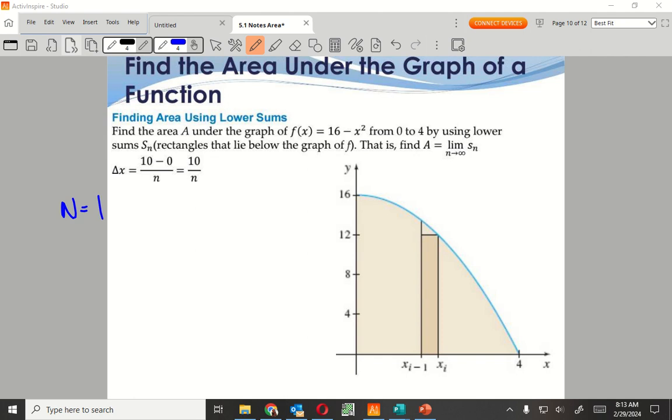You notice I screwed up here on mine. To get the delta x, I left it on there, but I should have changed the numbers. So to get the delta x, it's b minus a divided by n.